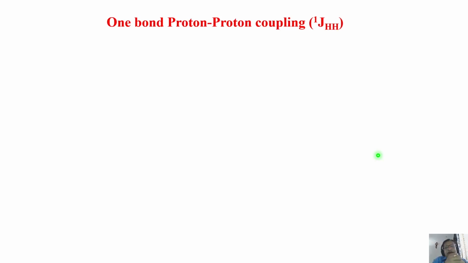Automatically, symmetry gets broken. Instead of an A2 spin system, it becomes an A'X spin system. As a consequence, we get a single proton peak from carbon-12 attached protons, and there are satellites on either side which come from the carbon-13 isotope of the molecule.